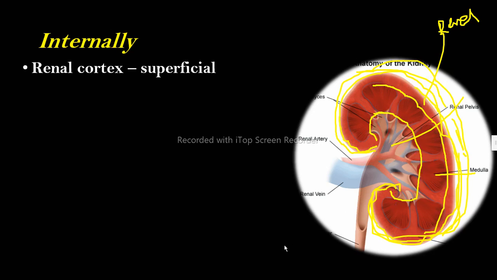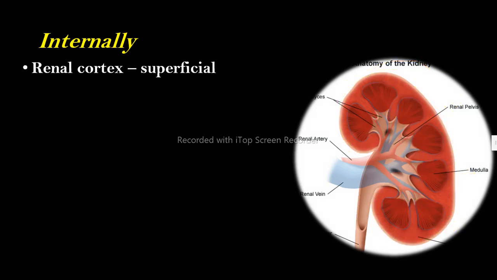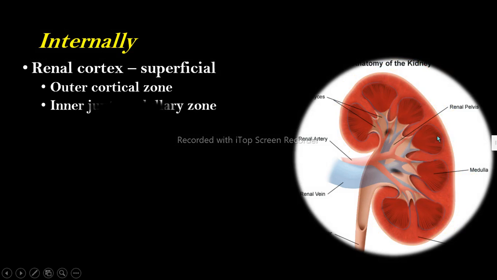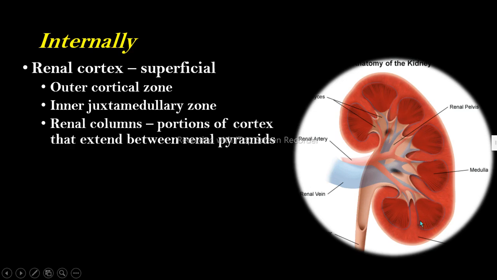Now, if we go deep into these kidneys, we have the renal medulla, as you can see. It has certain portions, which look triangular in shape, but they are not really triangular because this is a 2D structure.